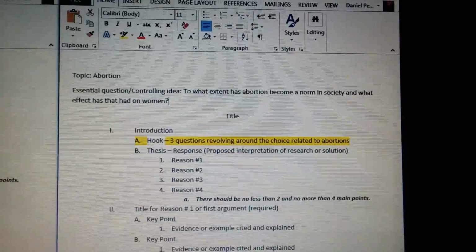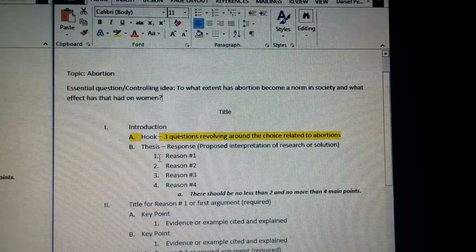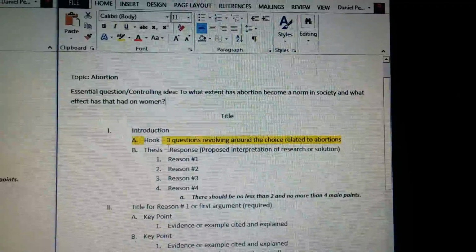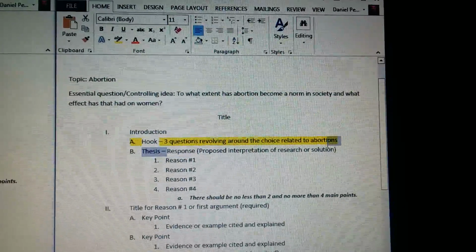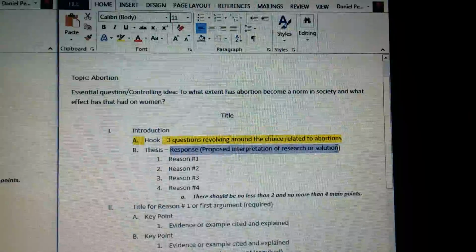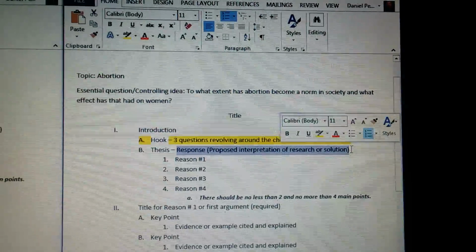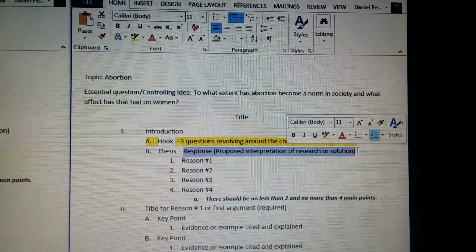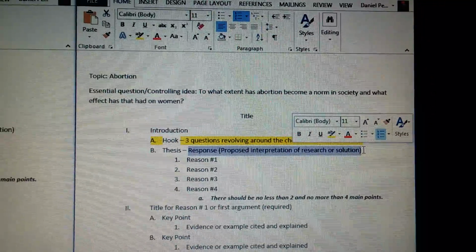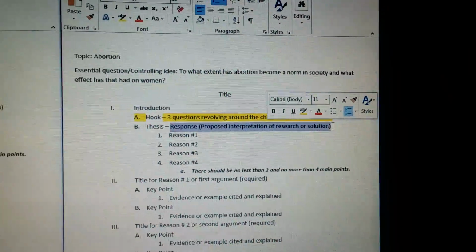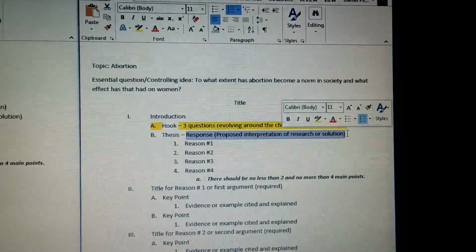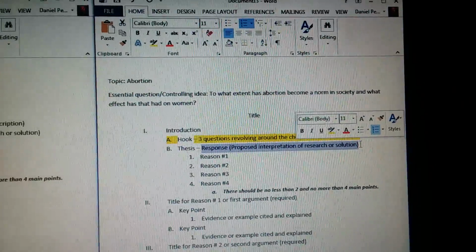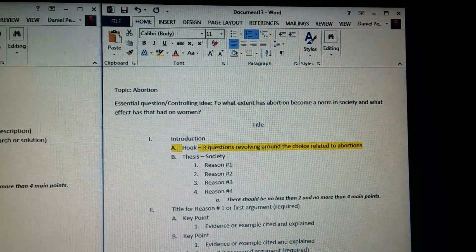All right. If that is my question, my thesis, which is right here, has to be a response to that question. Okay. So I have to create a response based off of my research. See, as it says, proposed interpretation of research or solution. So I have to think, how am I going to answer this? And as part of my thesis, I am going to write down an answer to this question. So let's just say my answer to this question is going to be, and I'm typing with one hand, so forgive me if it's slow.